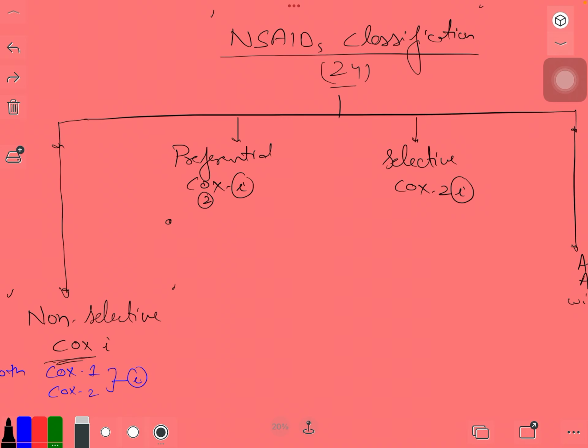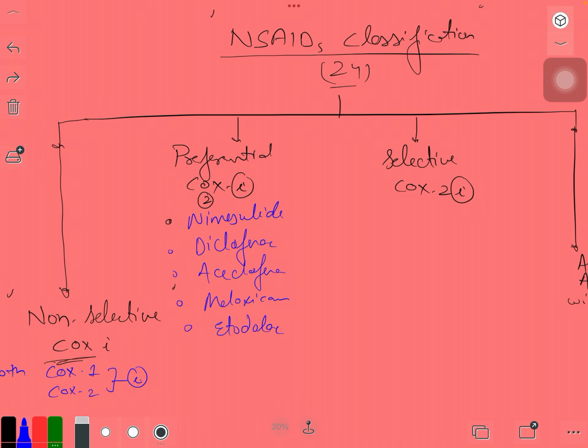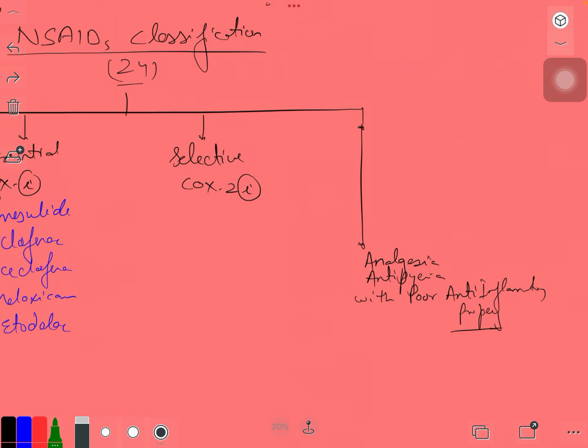So it contains nimesulide, then diclofenac, aceclofenac, meloxicam, and etodolac. In this category, at least three we must know: nimesulide, diclofenac, aceclofenac. Okay, leave the other two.